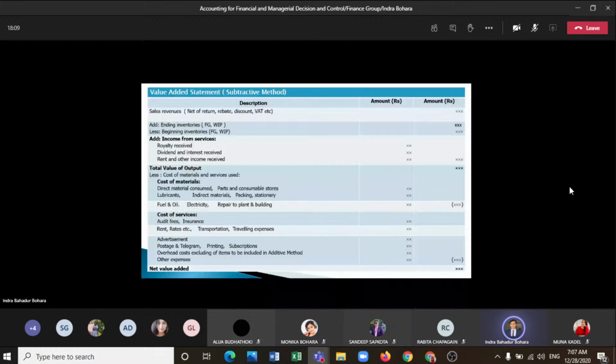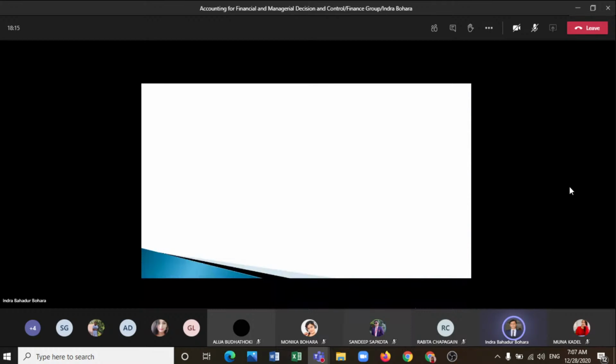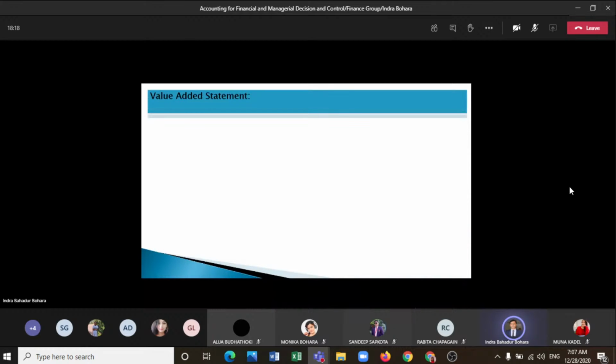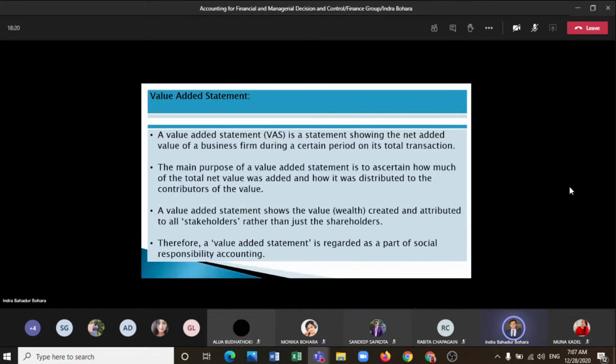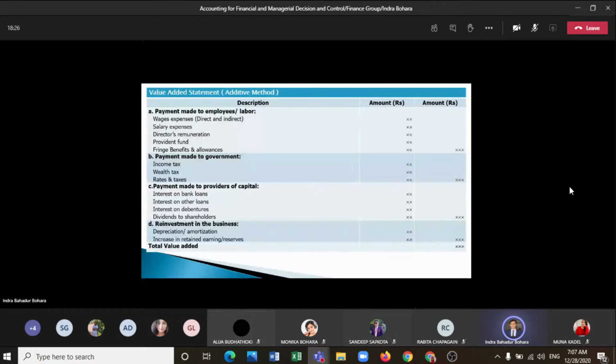This is our simple example, and we'll discuss it in the format and exercise. Besides this, the value added statement can also be prepared under the additive method.